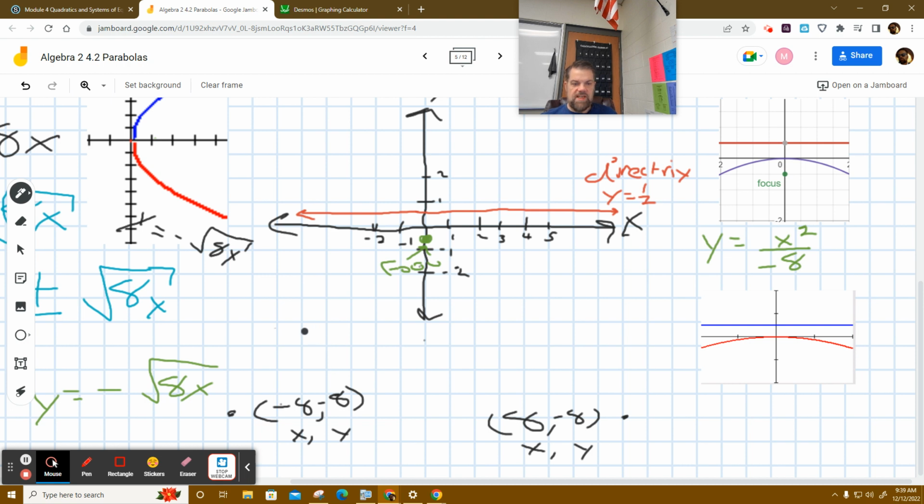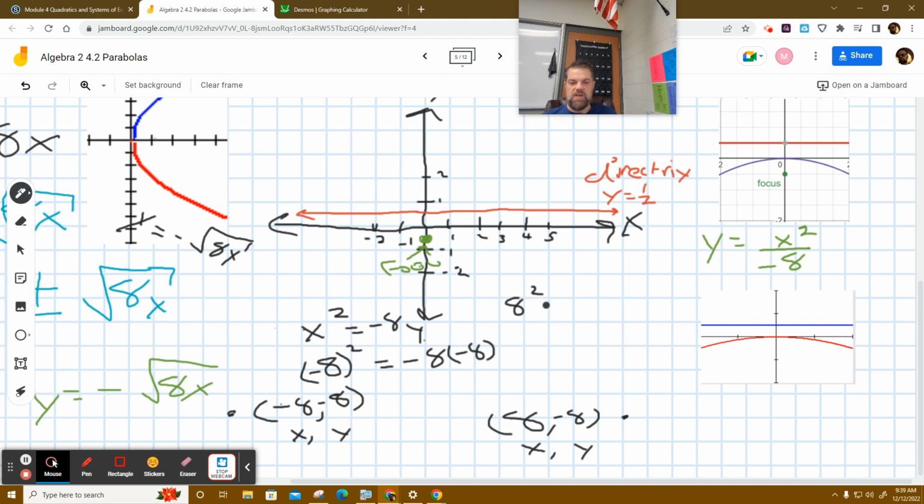So if I say x squared equals -8 times y, I'm going to get -8 squared. What does that equal? 64. And then I have -8 times my y value, which is -8. They both equal 64. Same thing over here.